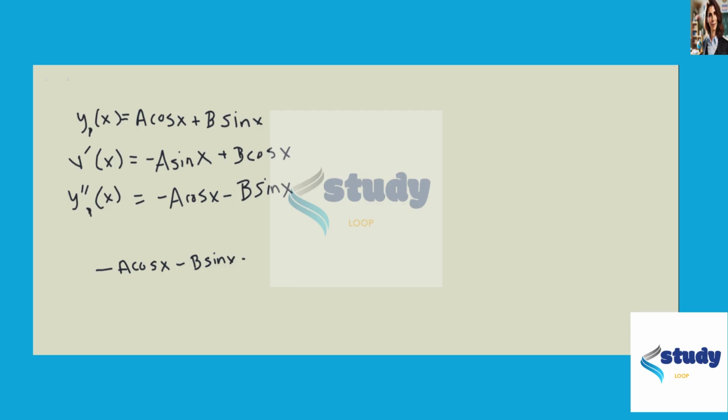And then I have minus 2y prime, so minus 2 times negative a sine x plus b cosine x, plus 5y, so plus 5 times a cosine x plus b sine x, equals sine of x.